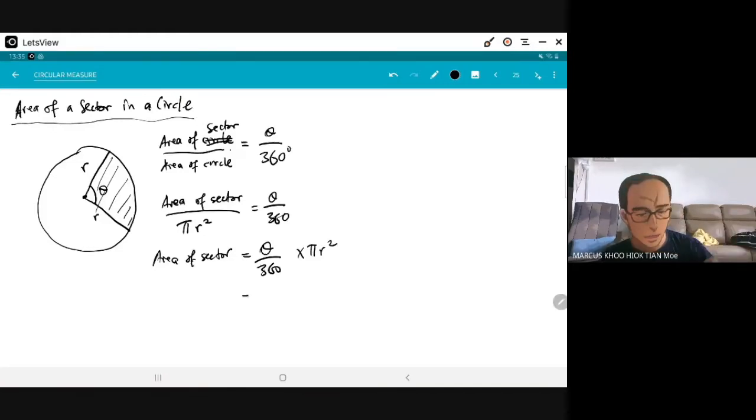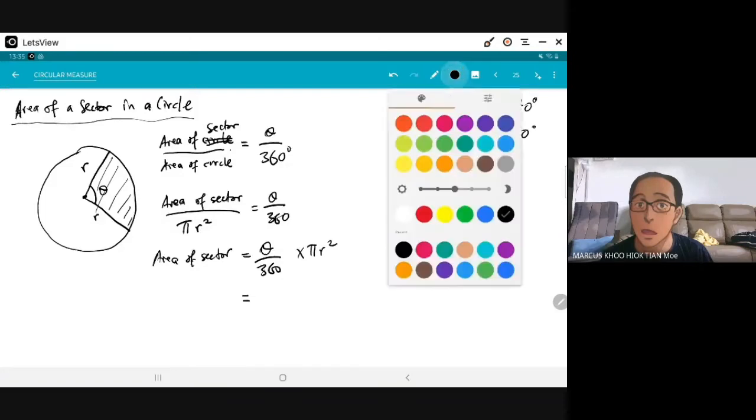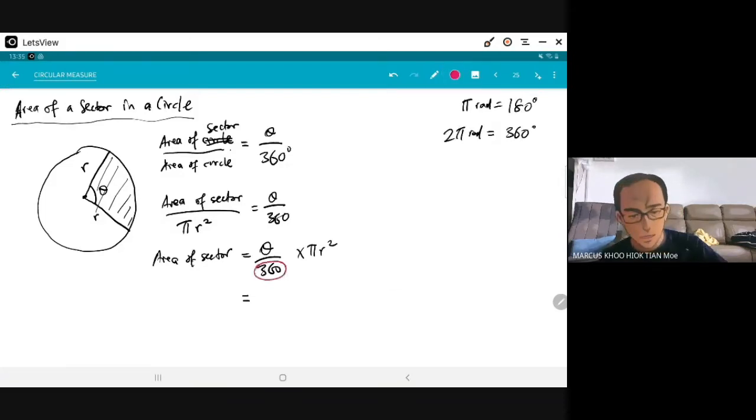If pi radian is 180 degrees, we can conclude that 360 degrees is 2 pi radian. I change it in terms of pi. So the 360 degrees down here will become 2 pi. Theta over 2 pi times pi r squared.